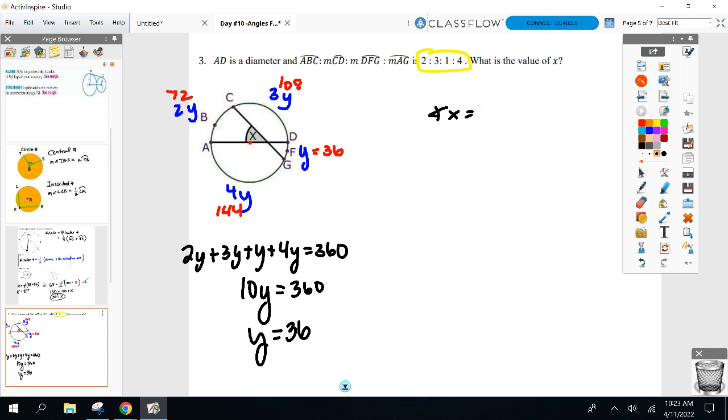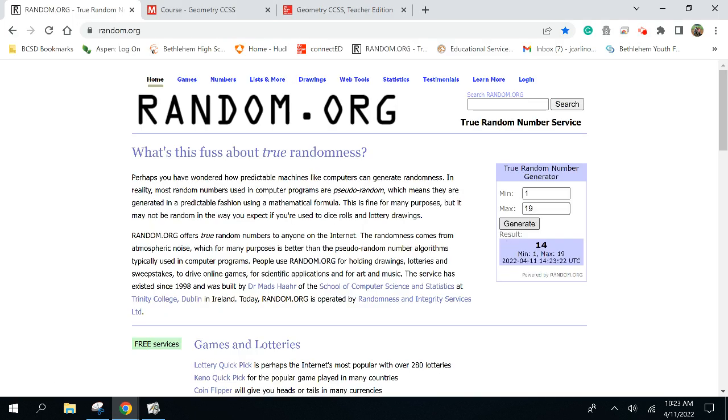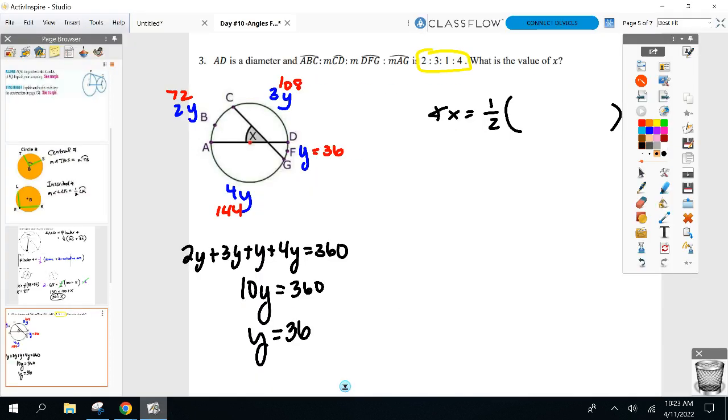It's a floater, right? Tell me the 2 arcs I'm going to add up. What 2 arcs should I be adding up here? 72, its arc, and its vertical angle's arc, 36. Good work, everyone.